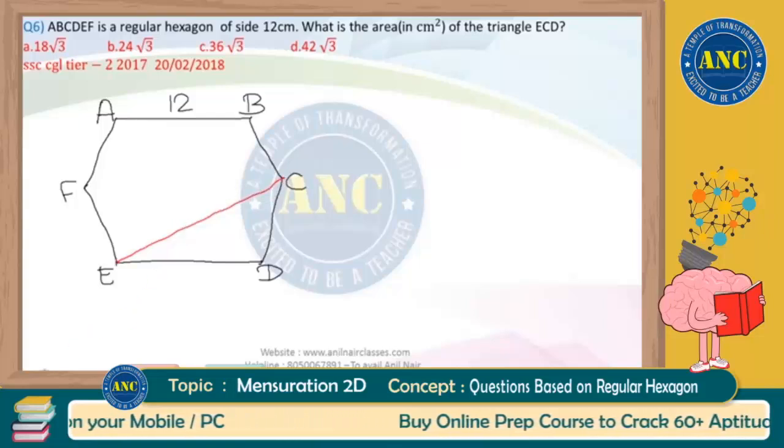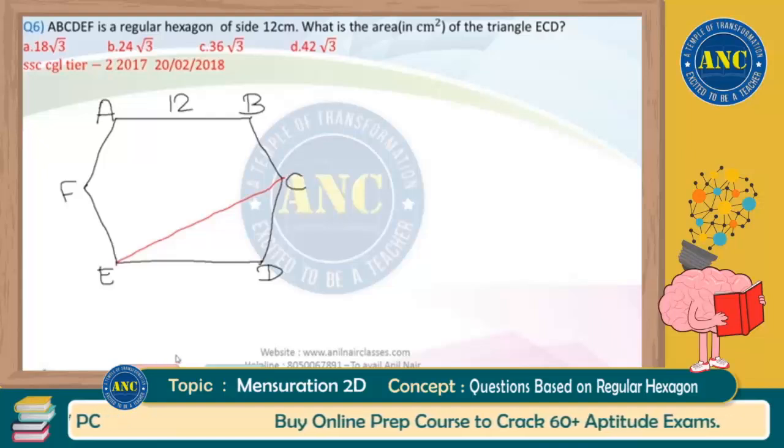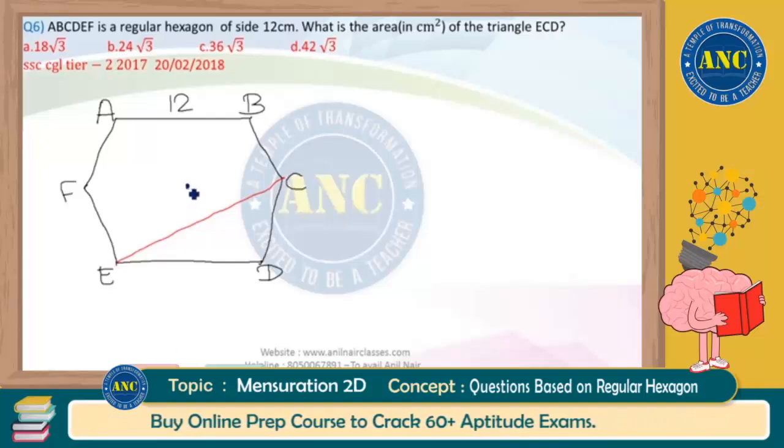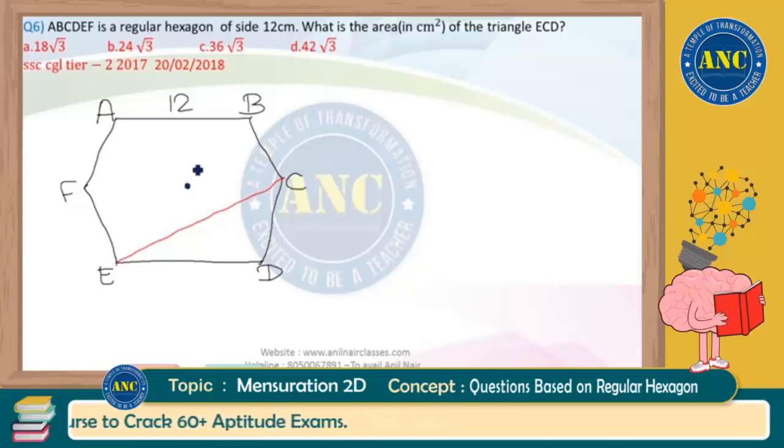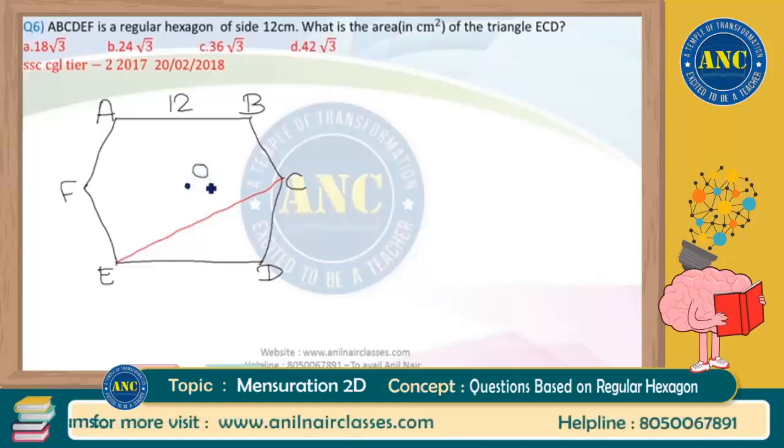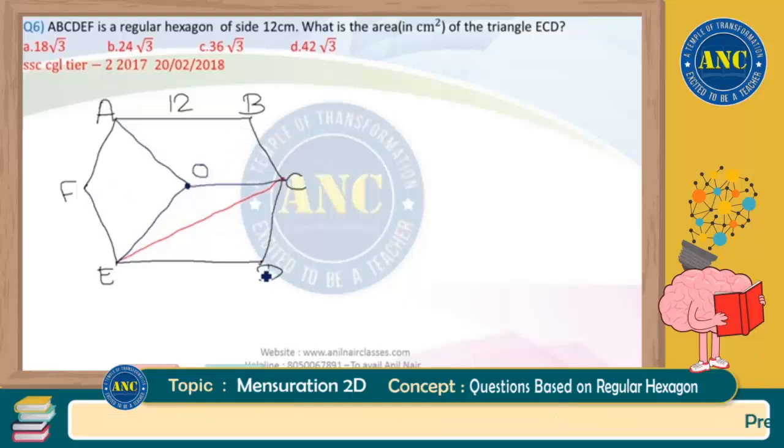Now see here, sir. Can I say that this is the midpoint, or the center, of this regular hexagon? So I will call it O. From the center I can join this vertex and this vertex also. If I join vertices B, F and D, I will totally get 6 equilateral triangles.